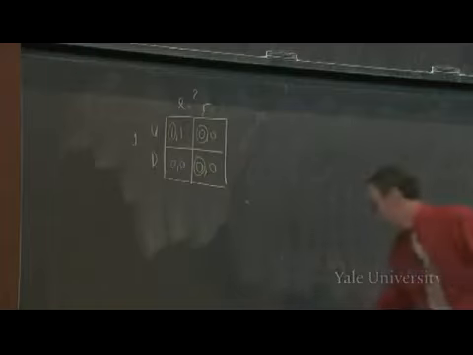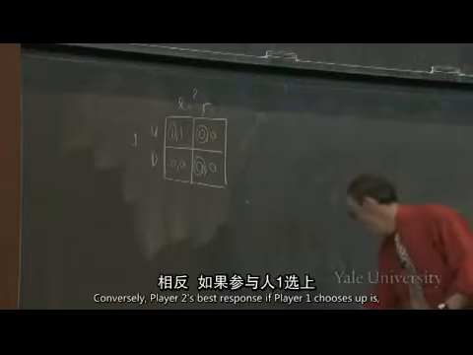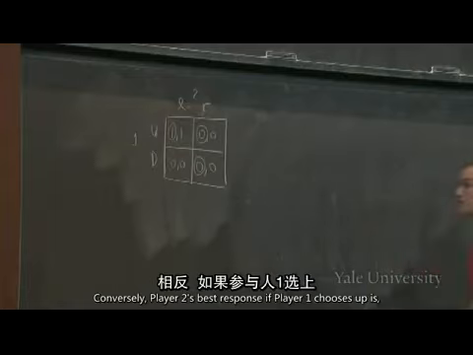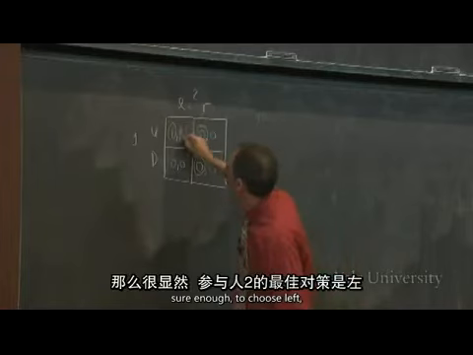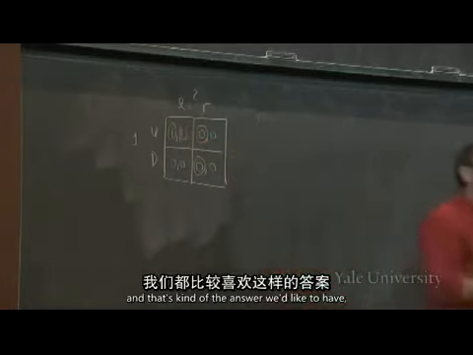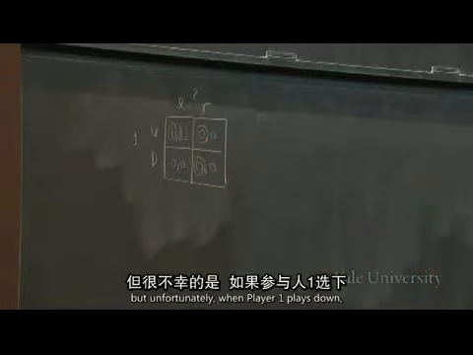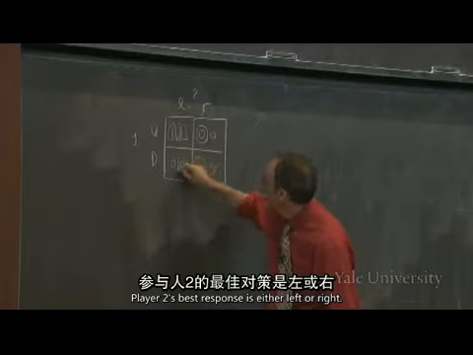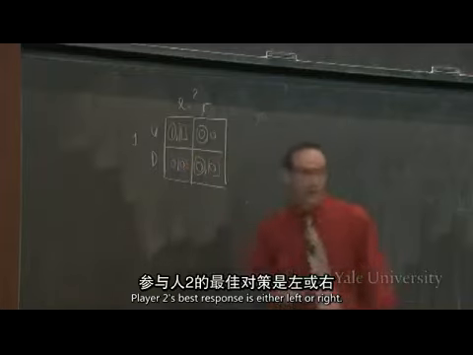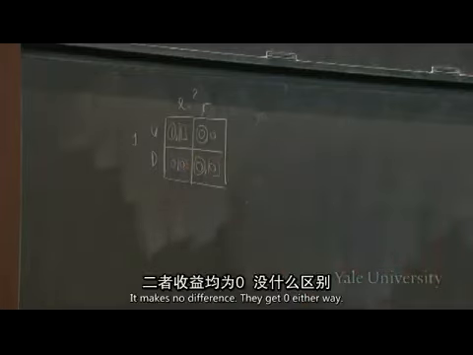And conversely, player 2's best response, if player 1 chooses up, is sure enough to choose left. And that's kind of the answer we'd like to have. But unfortunately, when player 1 plays down, player 2's best response is either left or right. It makes no difference. They get 0 either way.